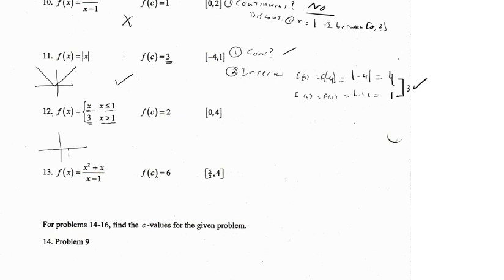You want to know, do these two match? Do they join together? That's the question. And if they do join together, then they're continuous, if they line up on the same spot. Piecewise functions, you have to check the edges. And the edge here happens at 1.